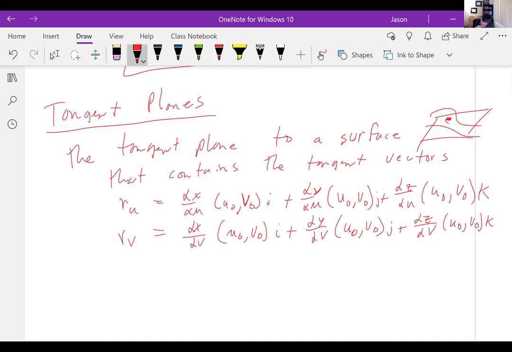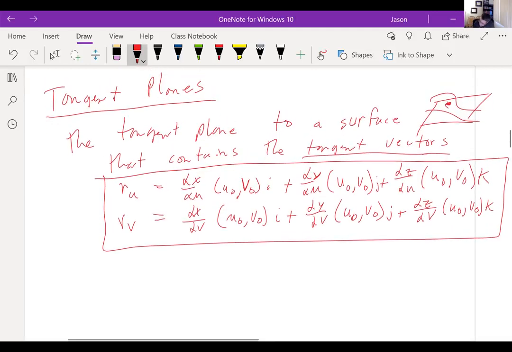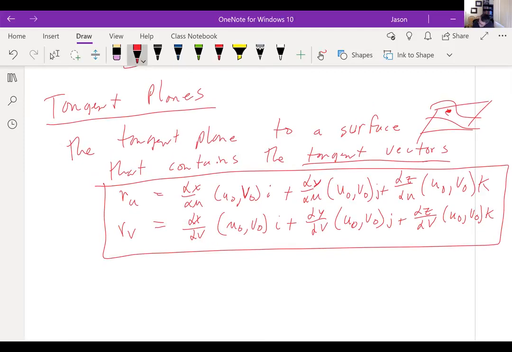So the tangent plane contains these tangent vectors. You have a tangent vector in the u direction and a tangent vector in the v direction.